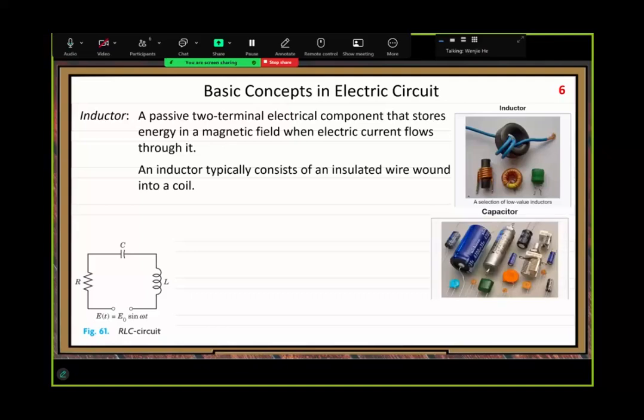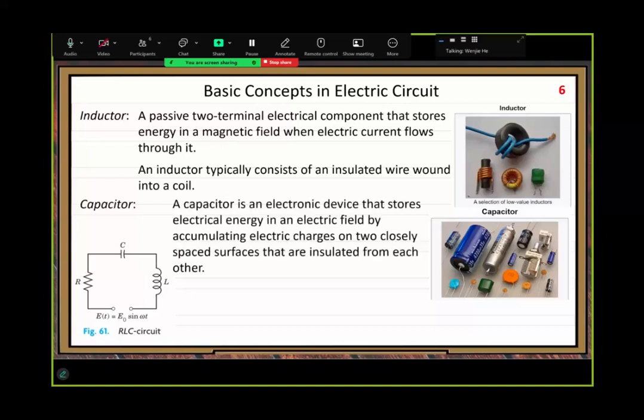Second, another important device, the capacitor. The capacitor is an electronic device that stores electrical energy in an electric field by accumulating electric charges on two closely spaced surfaces.